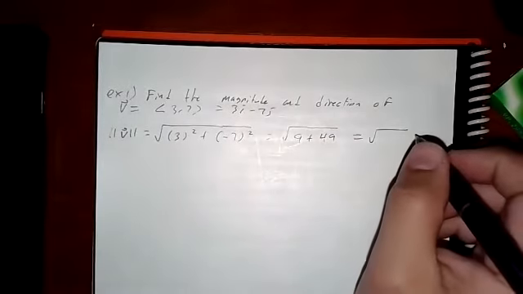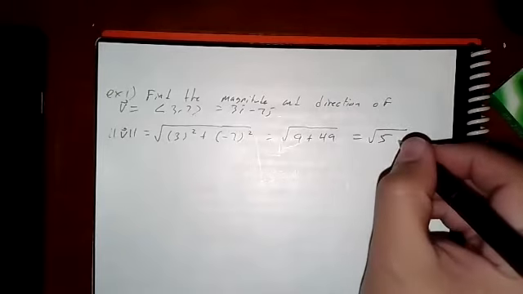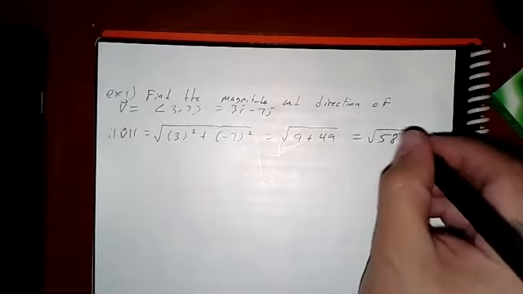What's 9 plus 49? 58. Does that reduce inside the radical?